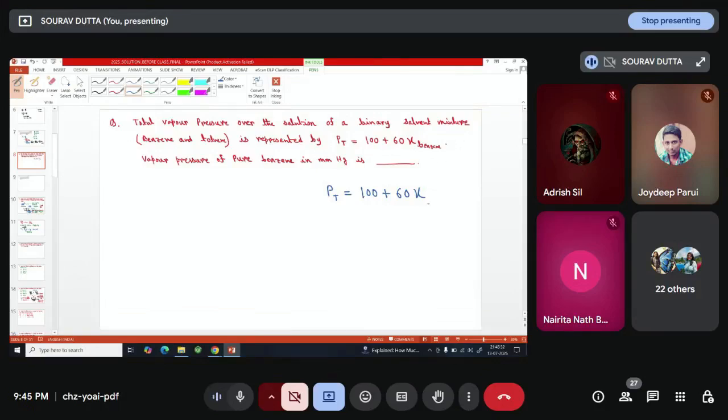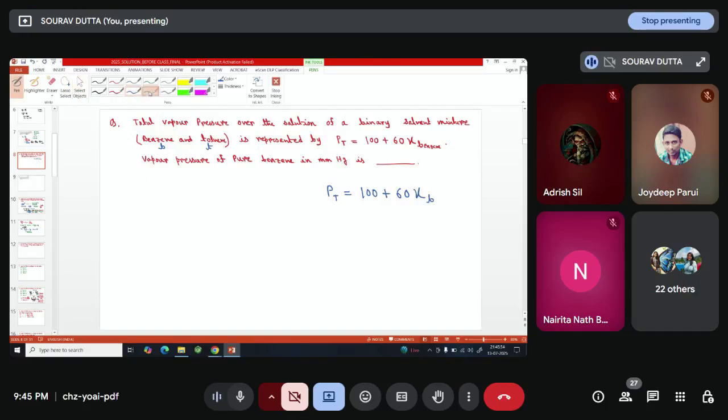In short, I write small b, which means benzene, and small t for toluene. So PT equals 100 plus 60 xb.